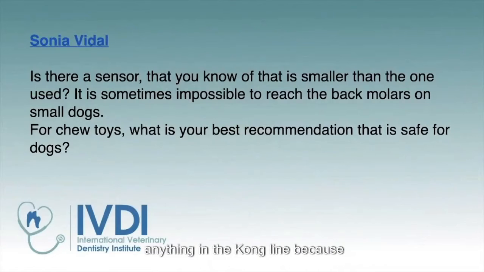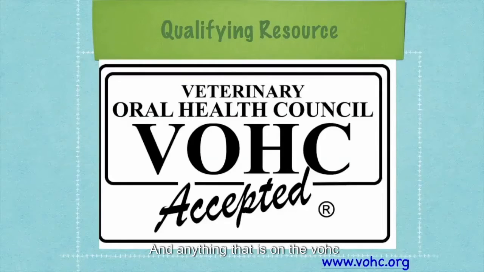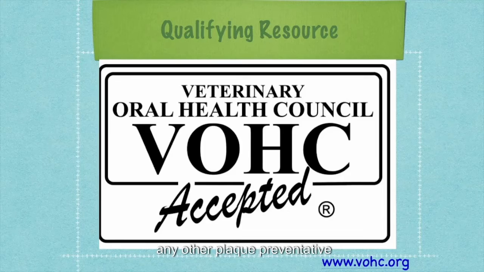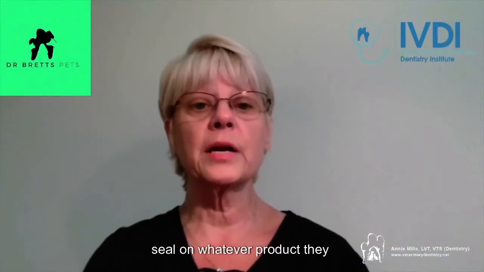Number one, anything in the Kong line, because Kong has give to it, where they can bite down on it, but there's some absorption of that force where we're not going to have fractured teeth. And anything that is on the VOHC list as far as dental chews and any other plaque preventative type of materials, so that they have a direction to go out and look for that symbol or seal on whatever product they want to use.